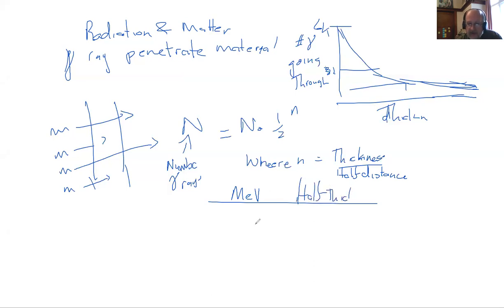If you've got a 1 mega electron volt gamma ray, it might be 4.2 centimeters, and 4.2 centimeters will stop half of it. If you get 5, then it'll take 9.1 centimeters to stop half of it. And this acts exactly the same way as half-lives do. If you've got 10 mega electron volts, we can go up to 11.1 centimeters.